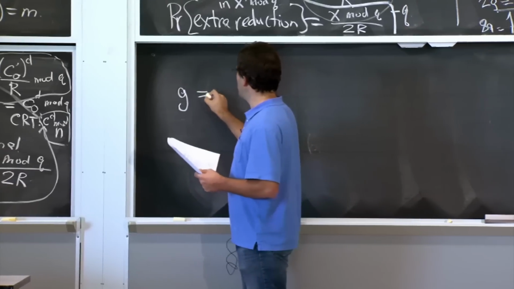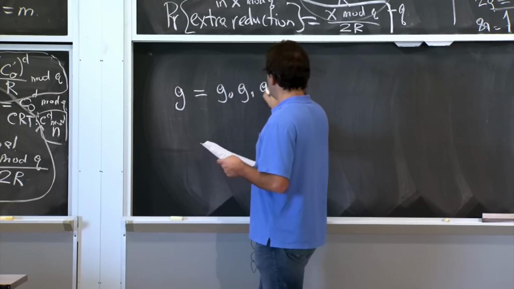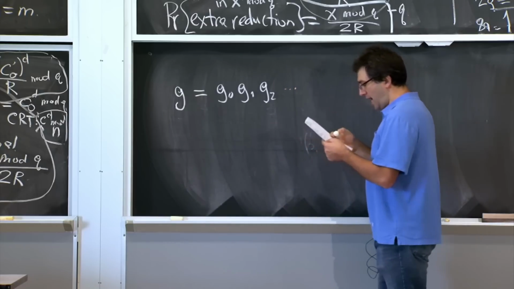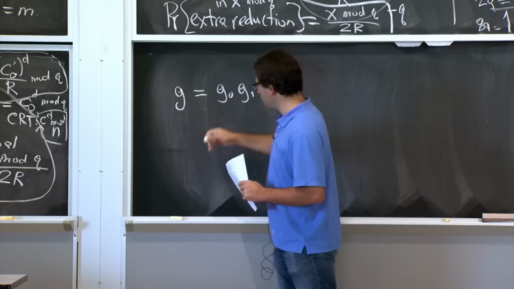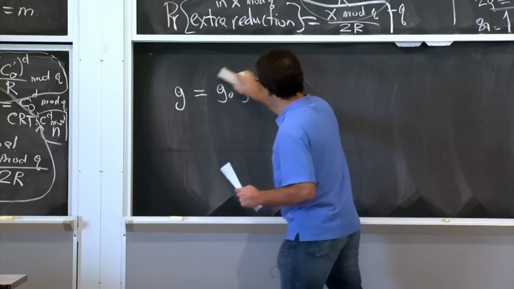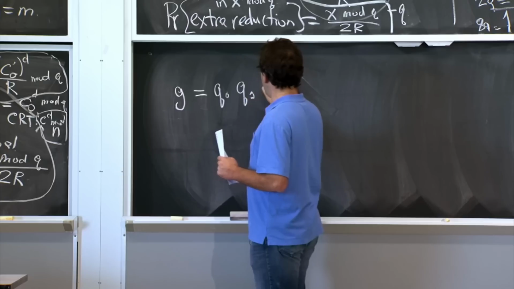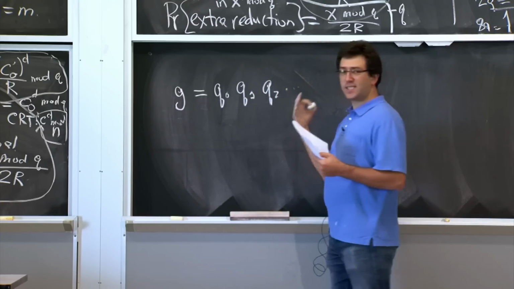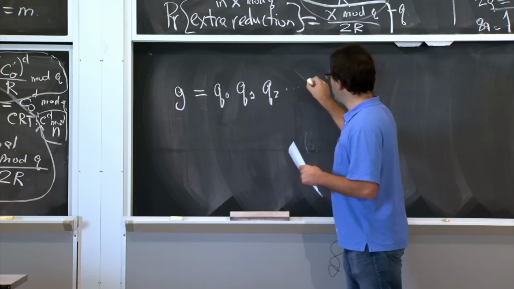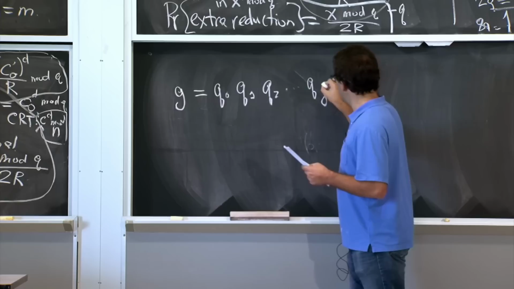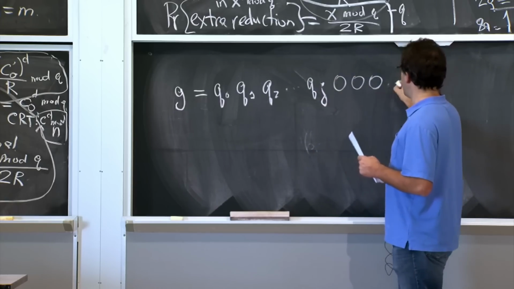So you know that q has some bits, q bit 0, q bit 1, q bit 2. These are the highest bits of q, and then you're trying to guess lower and lower bits. So suppose you know the value of q up to bit j. And from that point on, your guess is all zeros. You have no idea what the other bits are.